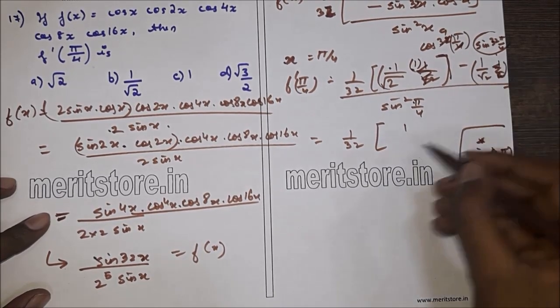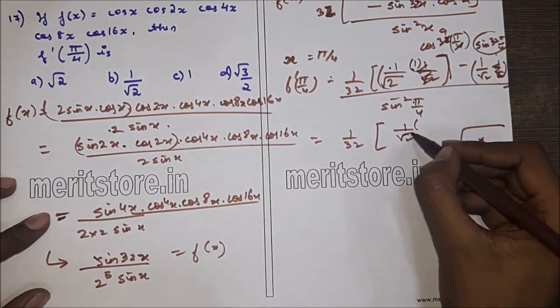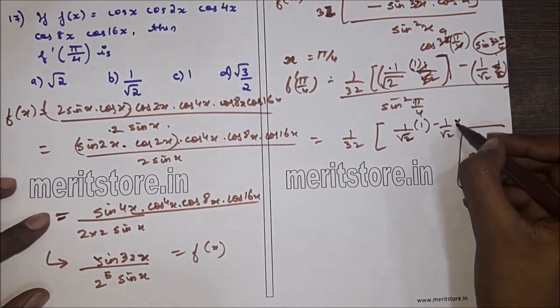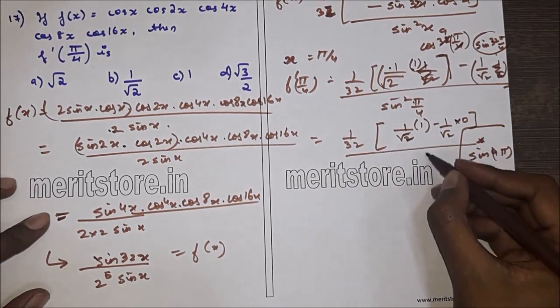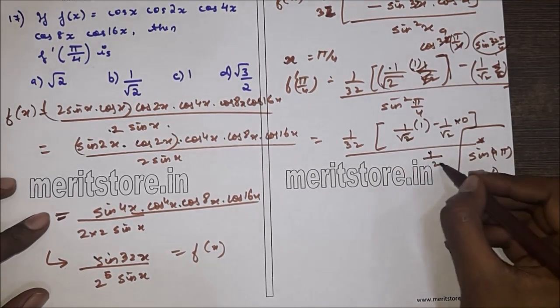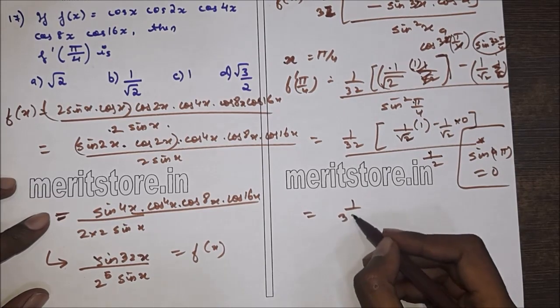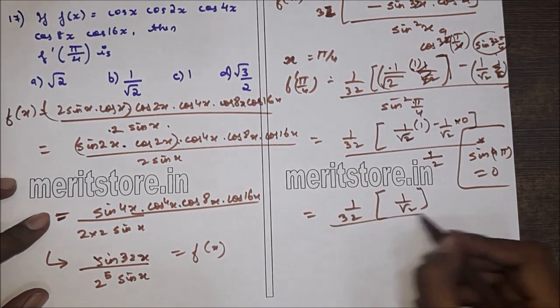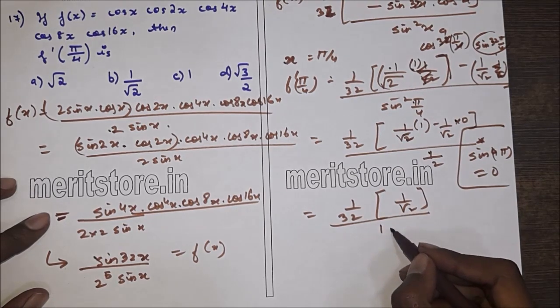So we have here 1 by root 2 times 1 minus 1 by root 2 times 0, divided by 1 by 2. So this is 1 by 32, 1 by root 2 divided by 1 by 2.